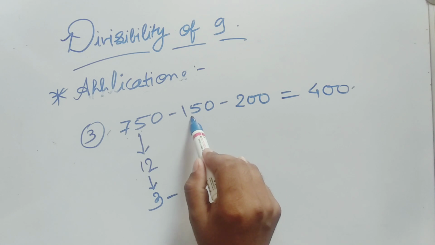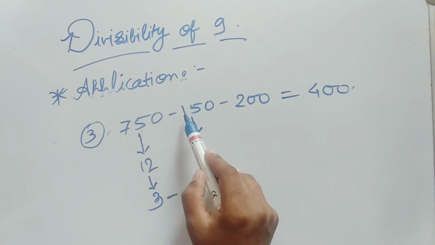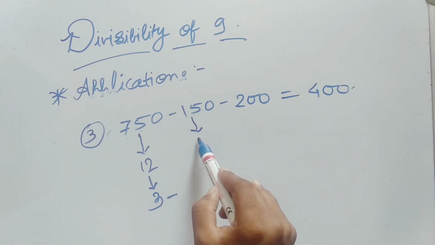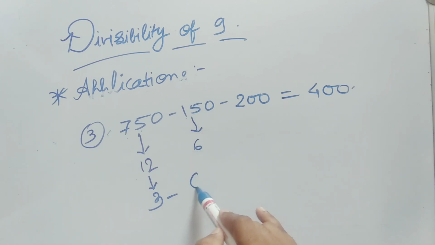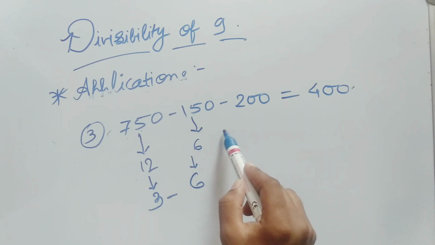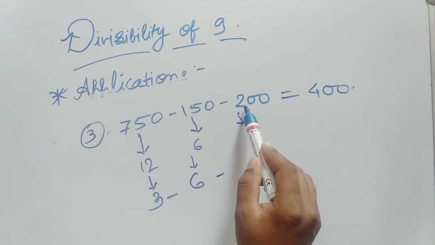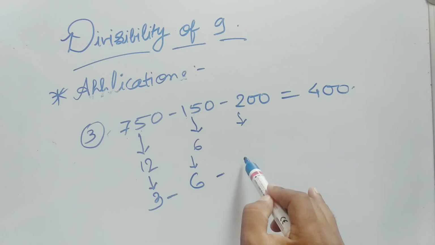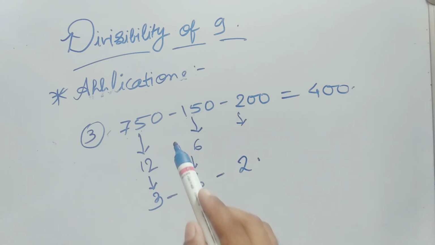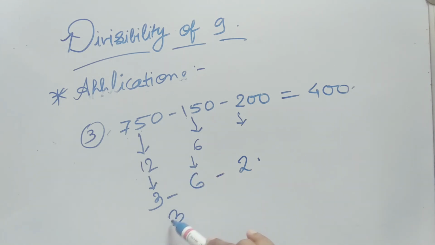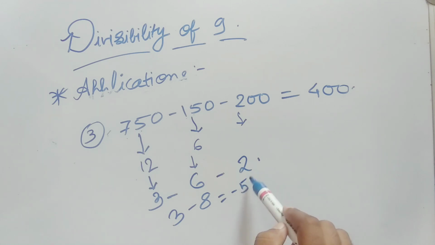Then minus, for 150 add all the digits. So 1 plus 5, 6, 6 plus 0, 6. So the single digit for 150 is 6. And lastly for 200, 2 plus 0, 2, 2 plus 0, again it will give 2. So the single digit conversion for this entire equation is 3 minus 8. So 3 minus 8 will give negative 5.